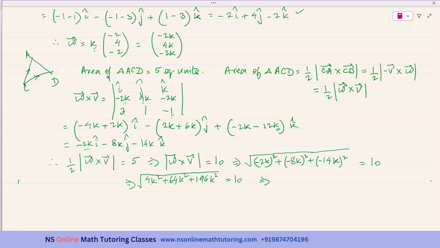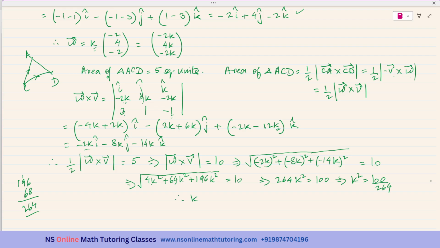I'm doing the rough work over here. It is 196, and you can of course use your calculator. So 196 and 68, it is 264. Okay. So it is 264, and I'm squaring both the sides. So it is 264k square is equal to 100. And k square is equal to 100 over 264.